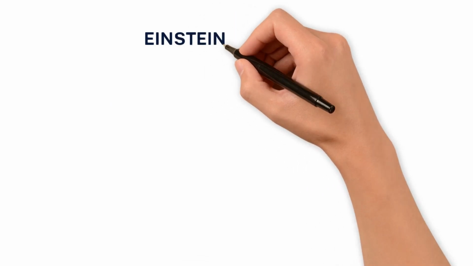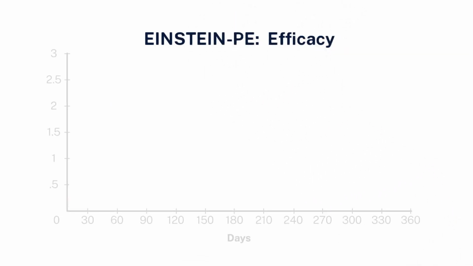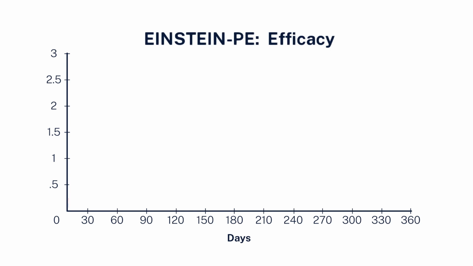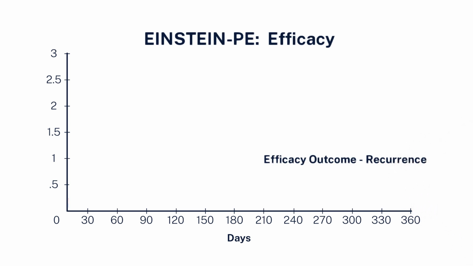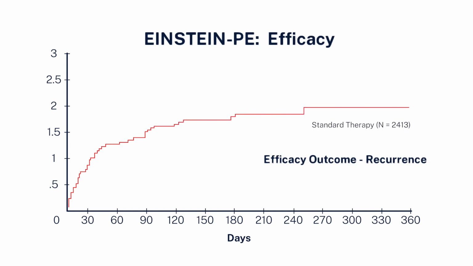Now, what about that Einstein PE study? Very similar study design as we talked about. We're seeing the same kind of curve where we followed patients for 360 days. We're looking at the cumulative incidence of recurrent VTE. In this case, you can see that the standard therapy, that's that enoxaparin to vitamin K antagonist arm, had a cumulative incidence somewhere around 1.5 to 2%.